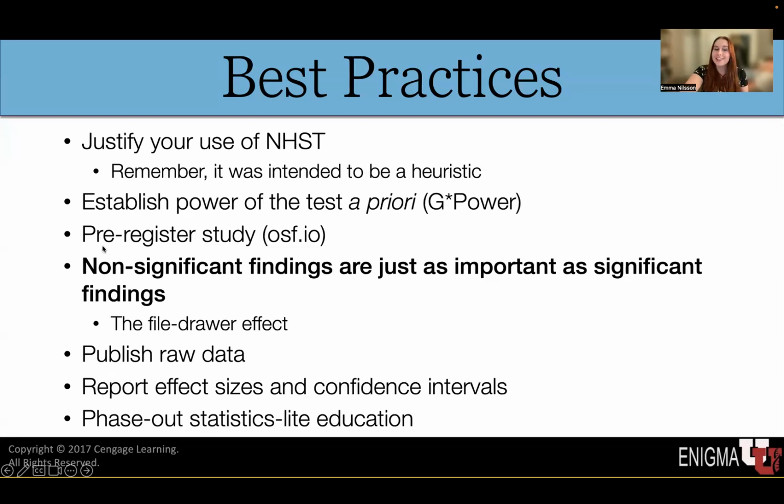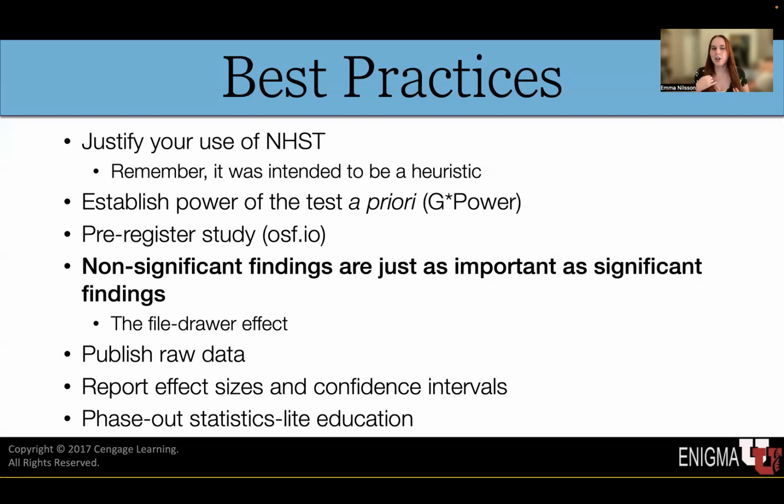Remember also that non-significant findings, not when you accept the null hypothesis, are just as important as significant findings. The idea that people only publish positive results when we see a change leads to something called the file drawer effect. This just means that research that doesn't support a researcher's hypothesis gets filed into the drawer and not published.